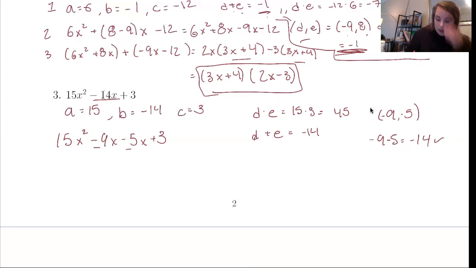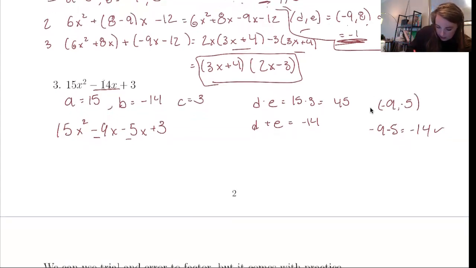So I did that all in one step. Okay, so then what next? I'm going to group them together. So it's going to be 15x squared minus 9x plus negative 5x plus 3.